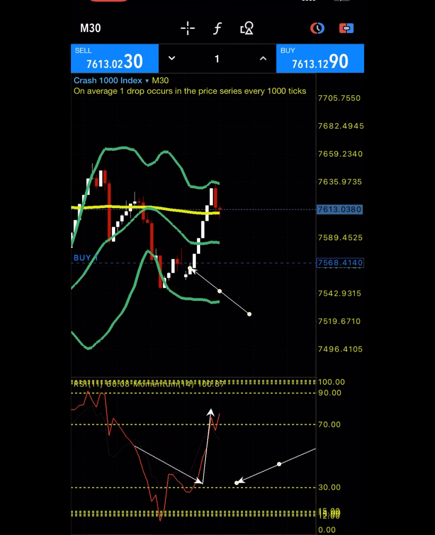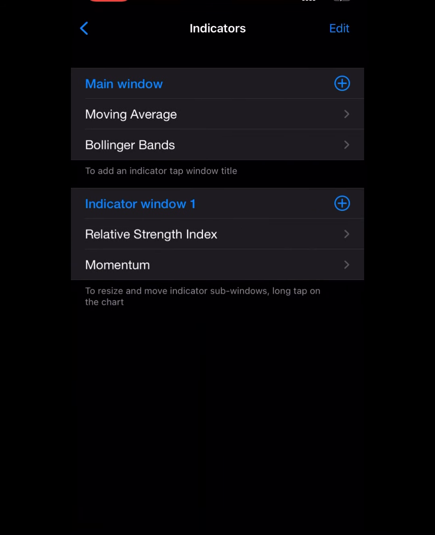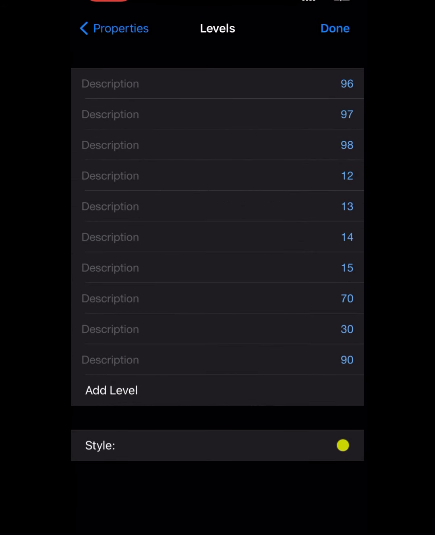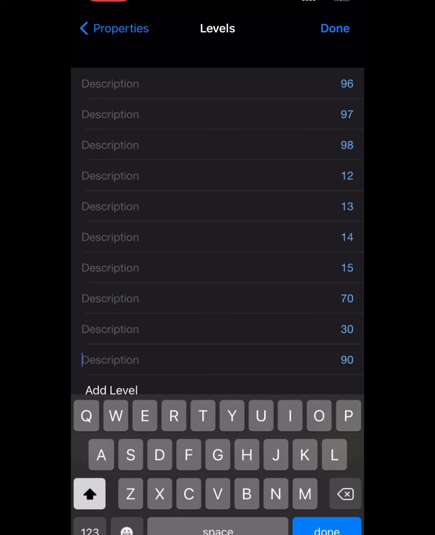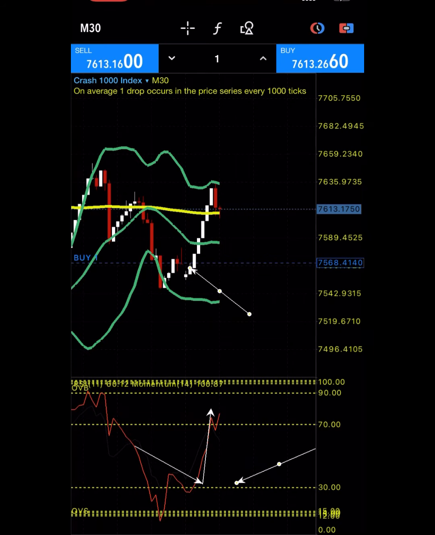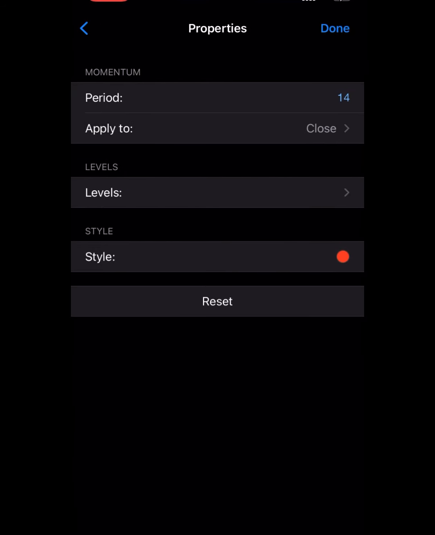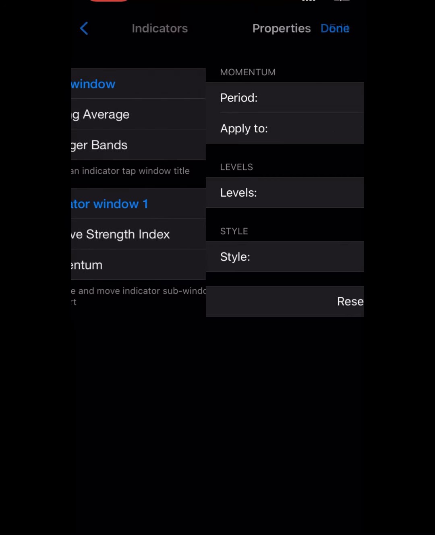Under the 90, we have to place that to be overbought, and under the 12 we have to place that to be oversold. So I think I should do something like this. Where is the 90? Okay, OVB, overbought, and then under the 12 I want to make it OVS, oversold. Done. Okay, right. So the last indicator is the momentum. You want to have momentum period to be 14, apply to close, and then style, put any color that's going to show up on your screen.